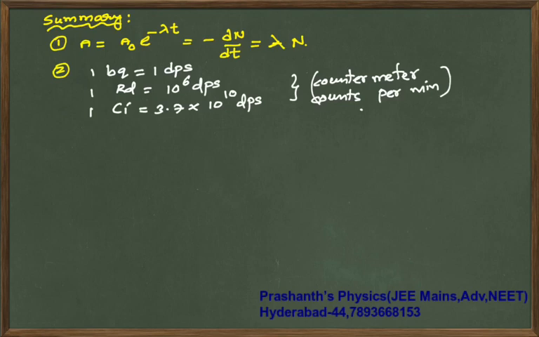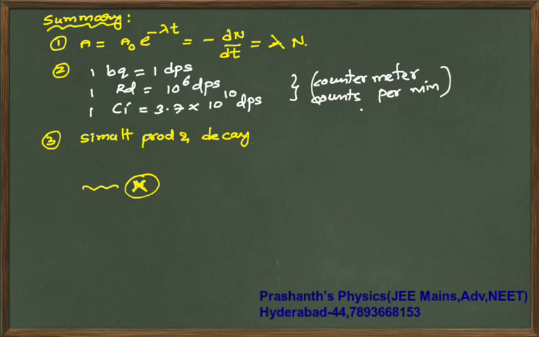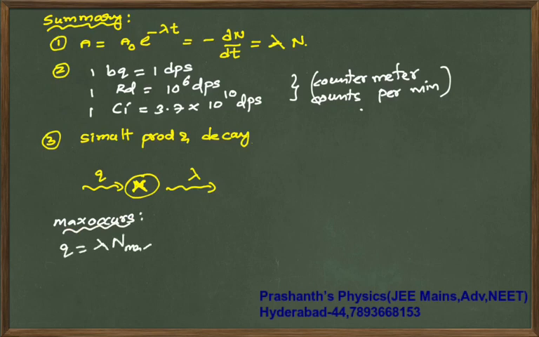Then we have seen simultaneous production and decay. In that, if X is some nucleus, the rate of production is some Q, and the rate of disintegration is lambda. So the maximum of N occurs when Q is equal to lambda times N max.